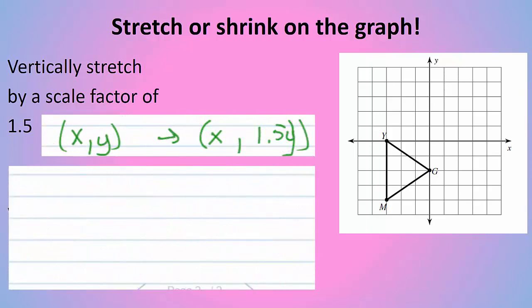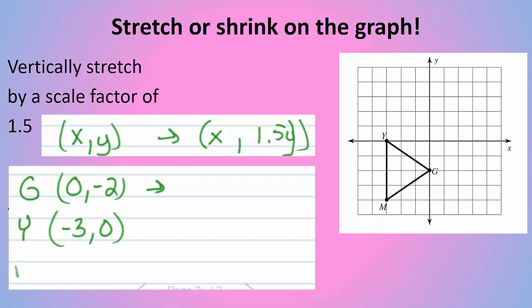And so again, we need to start with identifying our ordered pairs. We have G at the value (0, -2). We have Y at the value (-3, 0). We have M at the value (-3, -4).